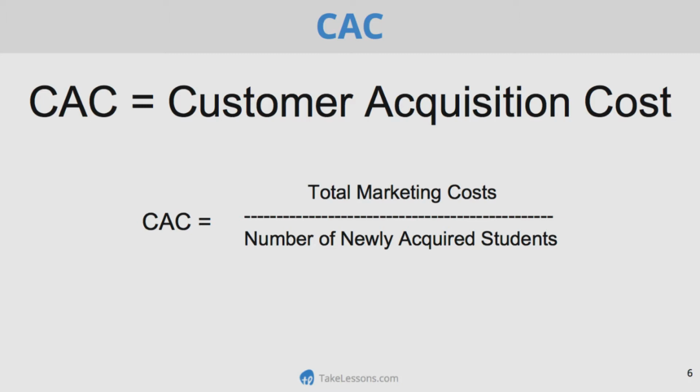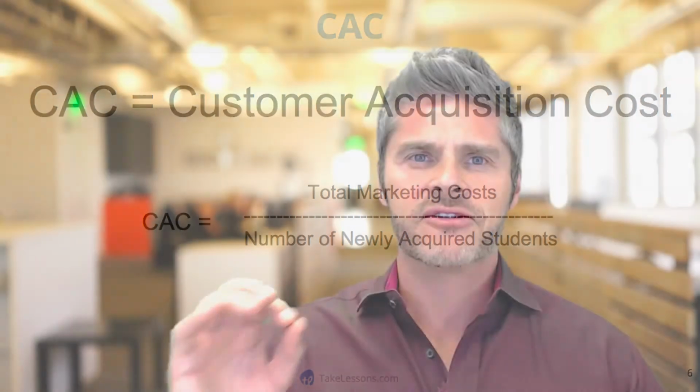And by calculating CAC across several channels, you can see which one of these channels is absolutely the most effective for you. Now, don't worry, in a later video, we're going to walk through all the actual examples and plug in numbers. Ooh, math. But that's what we're going to do, plug in numbers for you to see how these measurements are actually doing in action. But for now, all you need to do is grasp the concept.